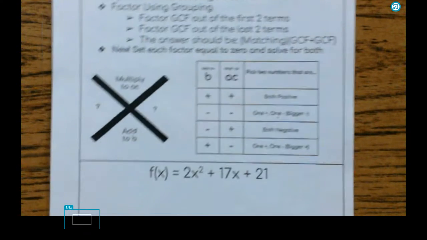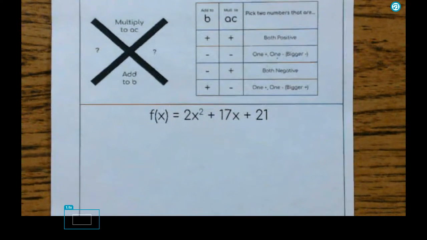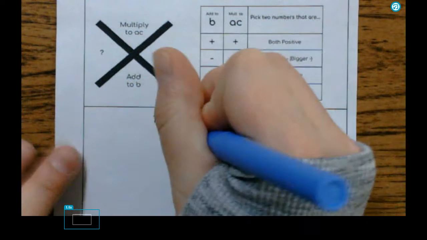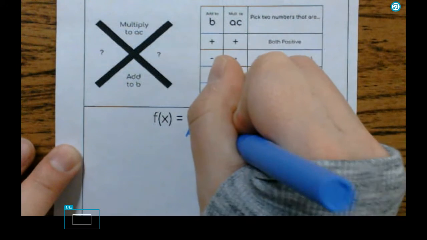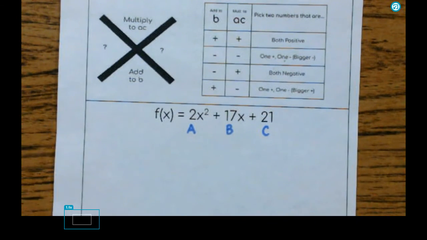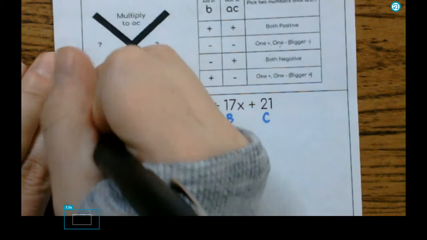Okay, so the first thing that I like to do is I like to label A, B, and C. So in this problem, A is 2, B is 17, and C is 21. And then I am going to draw that X to organize my thinking.